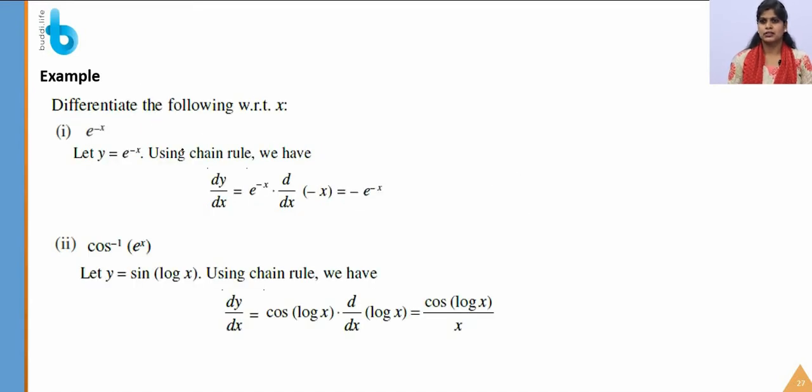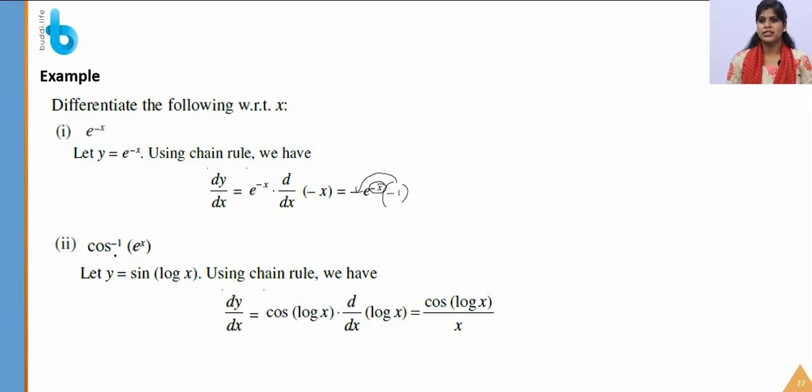Let's quickly go through this. What is the derivative of e power minus x? It is e power minus x only, but in place of x we have minus x. On differentiating this we get minus 1, and that minus 1 is carried along as a minus here.